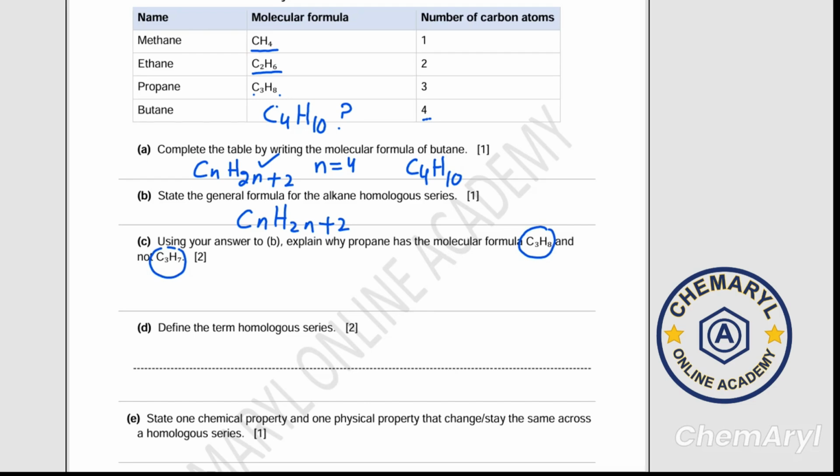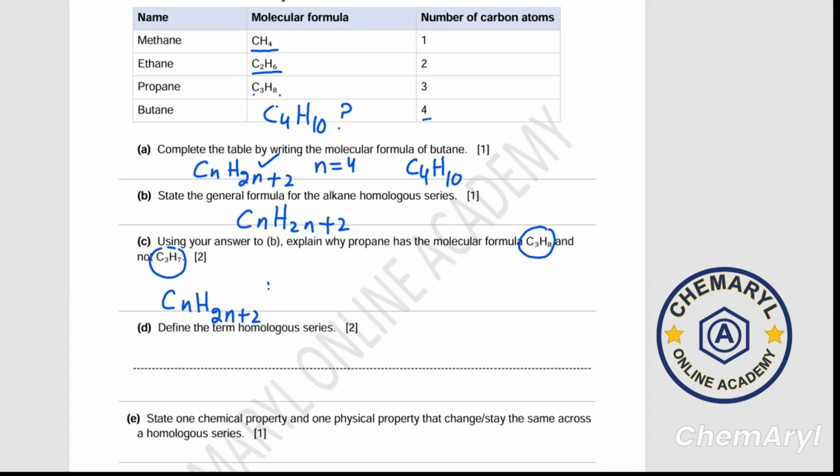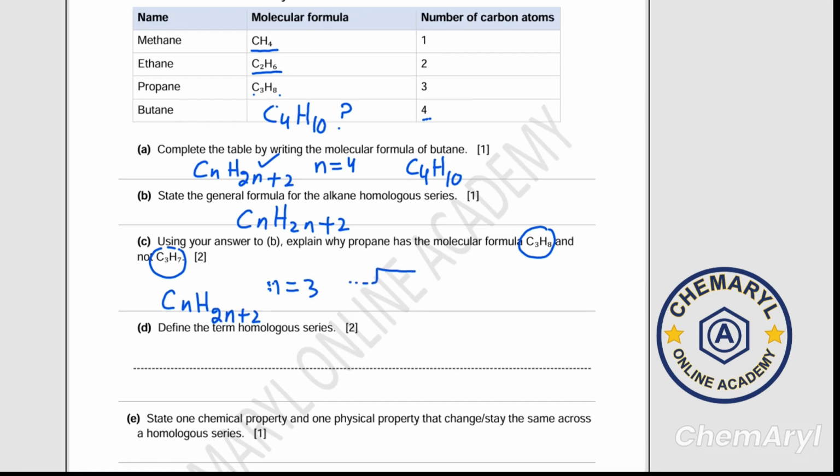Dear student, according to the general formula CnH2n+2, if you put n equal to 3, you will get C3H8 but not C3H7. So the correct molecular formula for propane is C3H8, not C3H7.